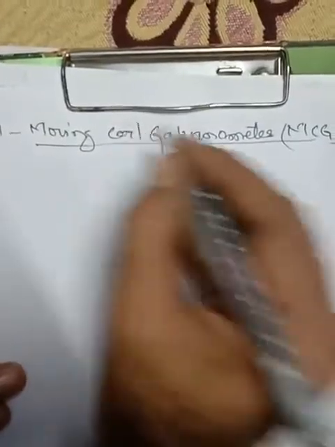MCG means moving coil galvanometer. Now how did the scientists find out all these things? The moving coil galvanometer is a device which is used to detect a small amount of current in the electric circuit.